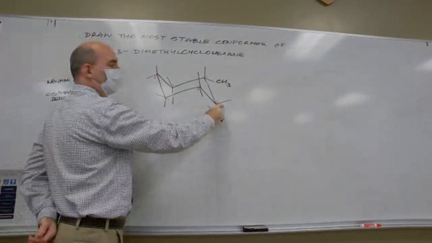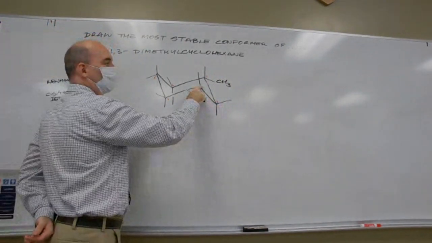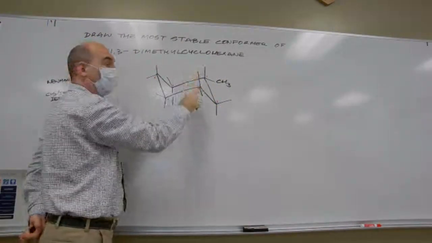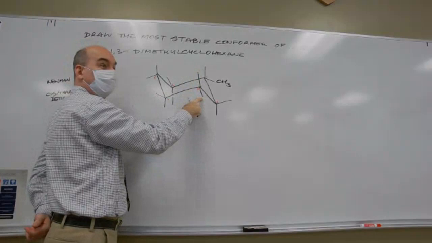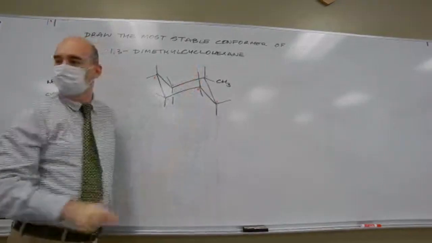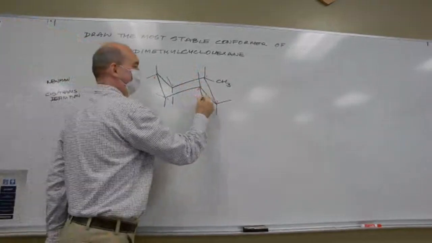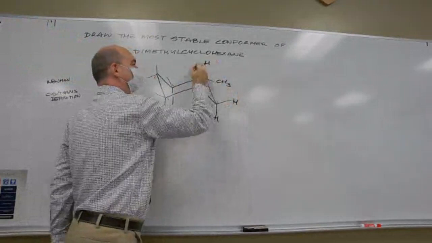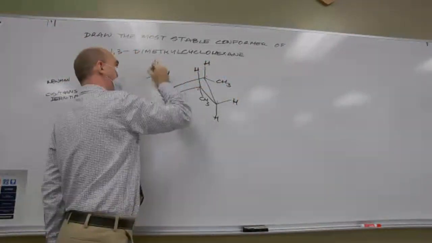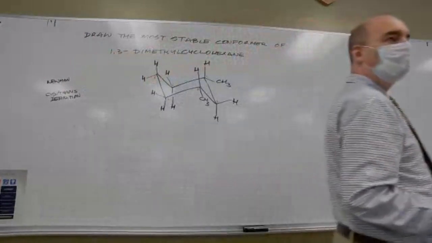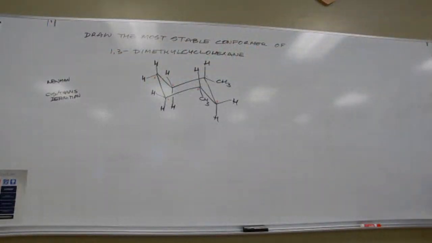Going to skip over carbon number 2. Here's carbon number 3. Does it go here or here? All right. Everything else is a hydrogen. I have 2 methyls, both equatorial.